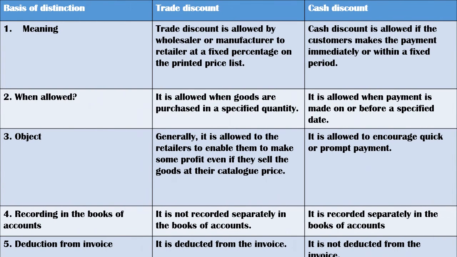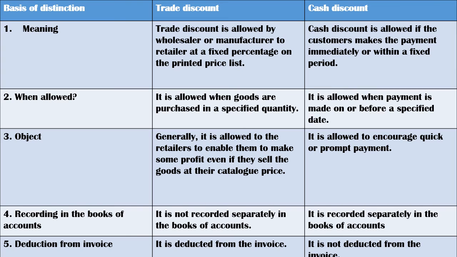Now let us see the distinction between trade discount and cash discount. The meaning of trade discount is that it is allowed by wholesalers or manufacturers to retailers at a fixed rate on the printed list price or price list. Cash discount is allowed if the customer makes the payment immediately or within a fixed period.